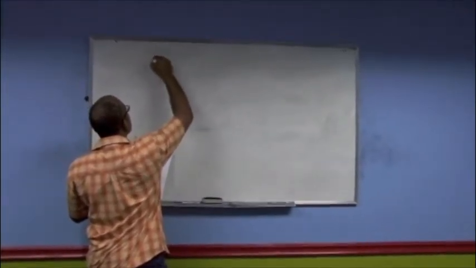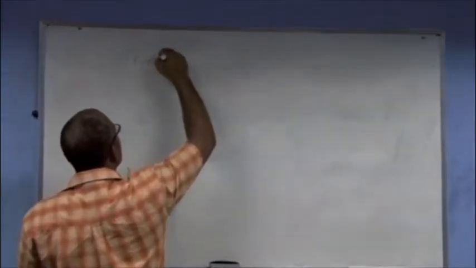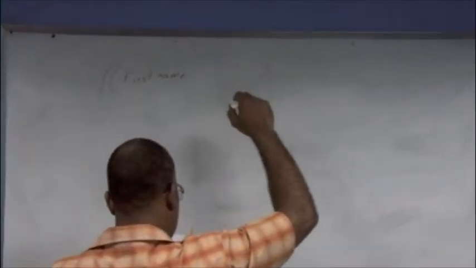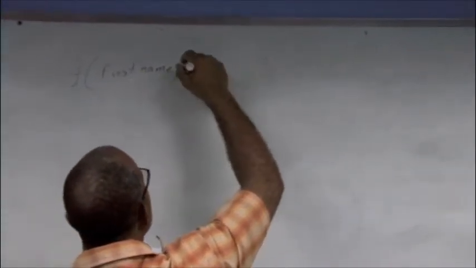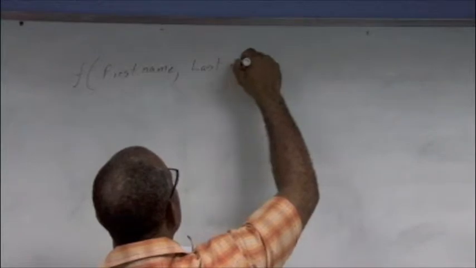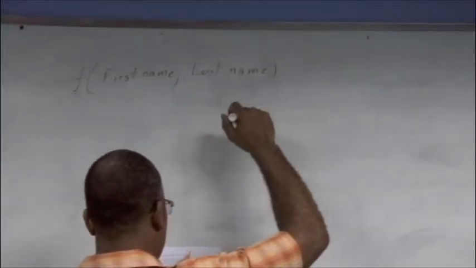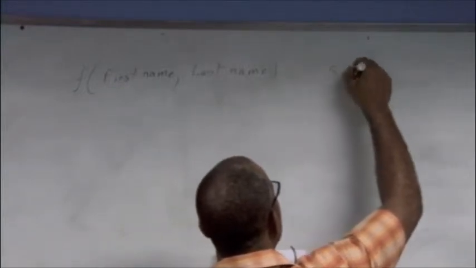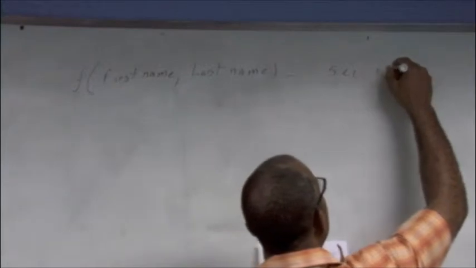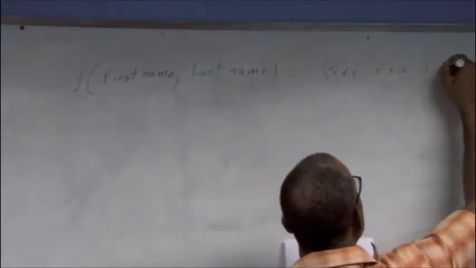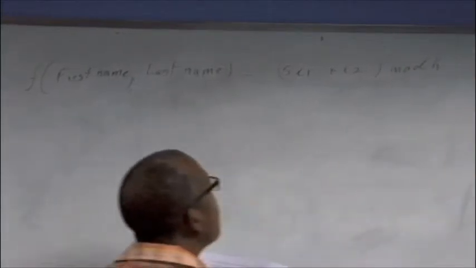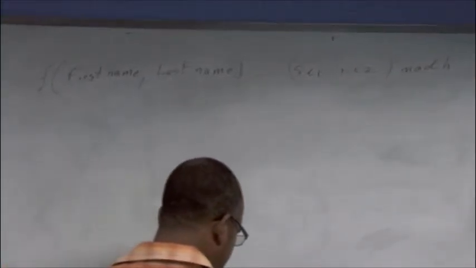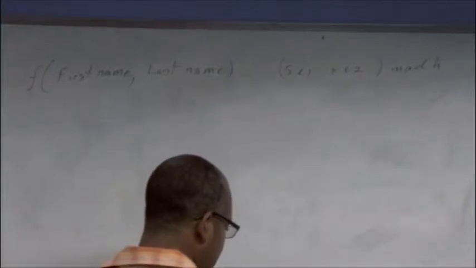Function on first name is equal to 5I1 plus I2 mod H, where I1 is the first initial, I2 is the second initial, and H is the size of the array. That's 5I1 plus I2 mod H.